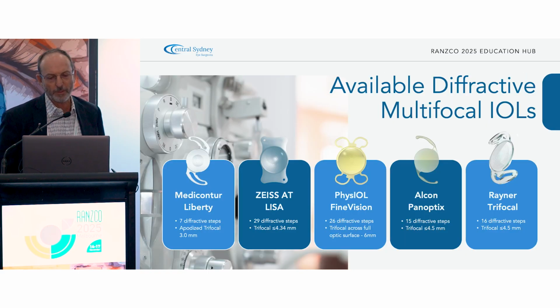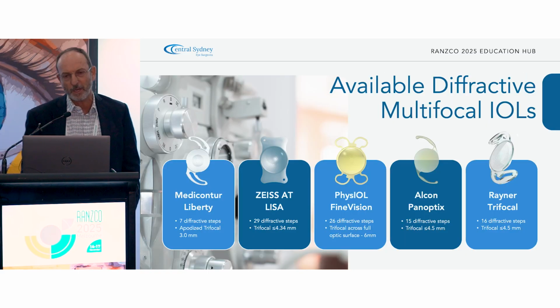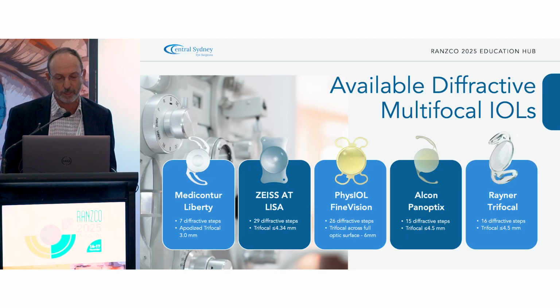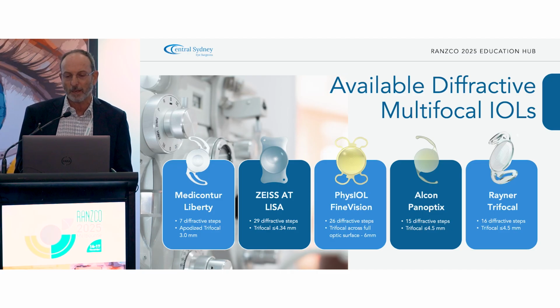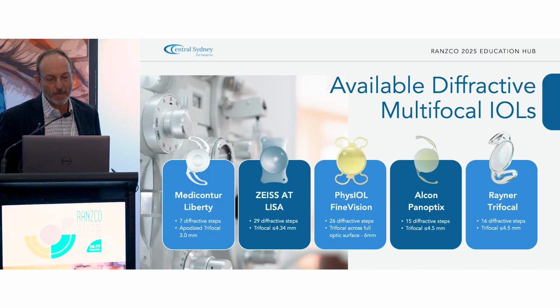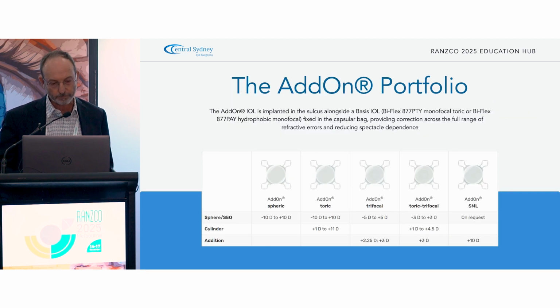So if we look at the diffractor family, the outlier is the Liberty, based on 7 rings centered on the first 3 millimeters, whilst the other competitor product, and I've used every single one of these, has a much larger number of rings extending further out, and that's why they have more dysphotopsia.